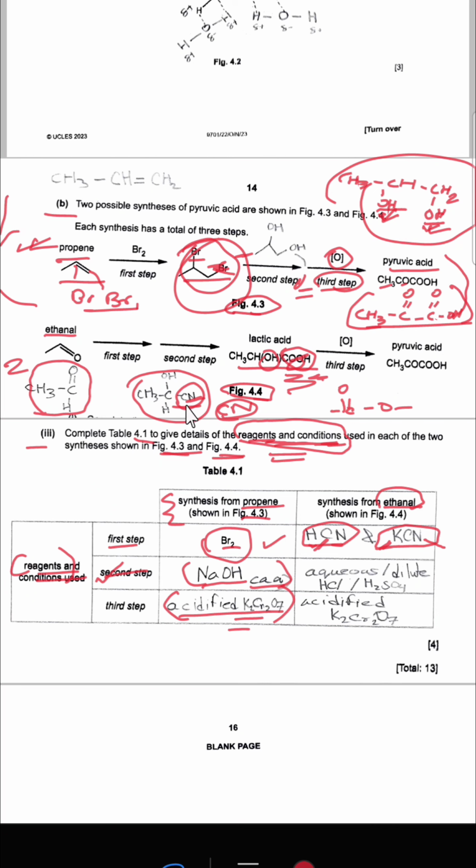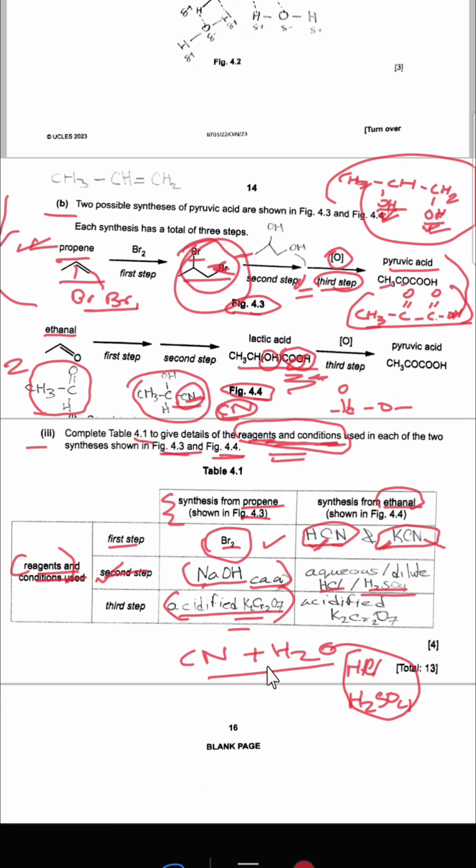That means CN reacts with water in presence of HCl or H2SO4 catalyst to form carboxylic acid. Thus it is an acidic hydrolysis reaction.